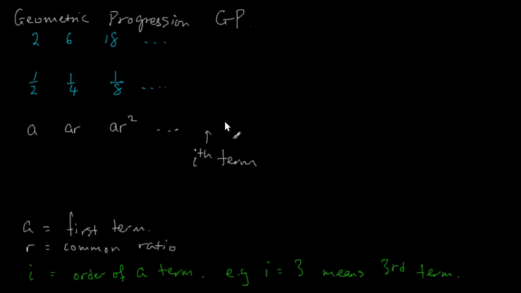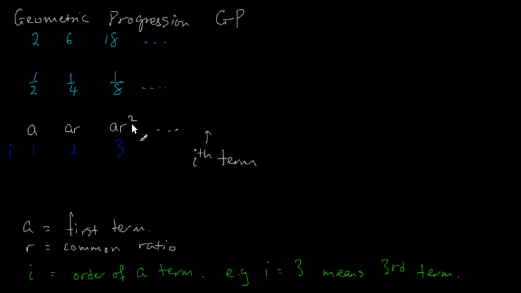Right. So for the ith term, I want to know what the formula is. Now you can see a pattern here. When I is 1, we have the first term. When I is 2, we have the second term.